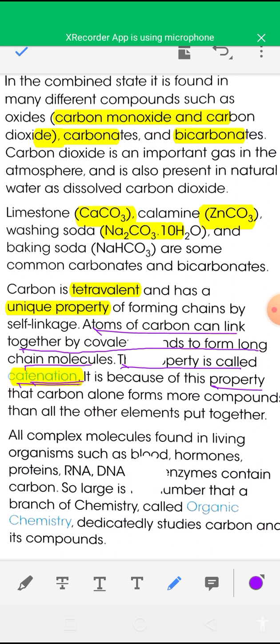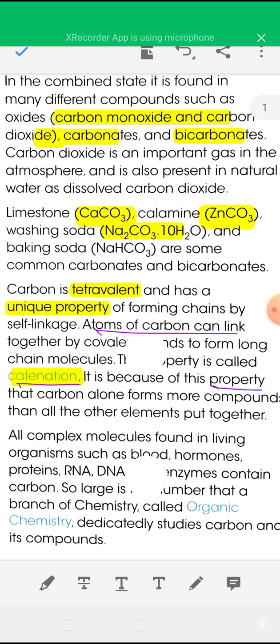All complex molecules found in living organisms such as blood, hormones, proteins, DNA, RNA, enzymes are made up of carbon. So large is the number of these complex molecules made up of carbon.